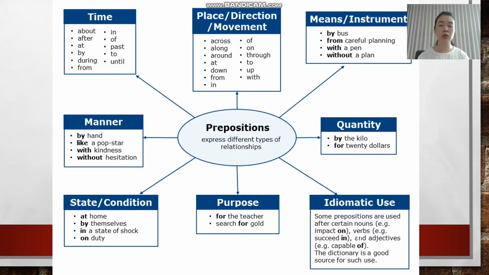Some prepositions are used after certain nouns, like impact on, capable of, or some of you may have heard proud of, interesting in, stuff like that, okay? So we can use the preposition in that case also. But don't forget that most of them are prepositions that must be used with a noun, alright?